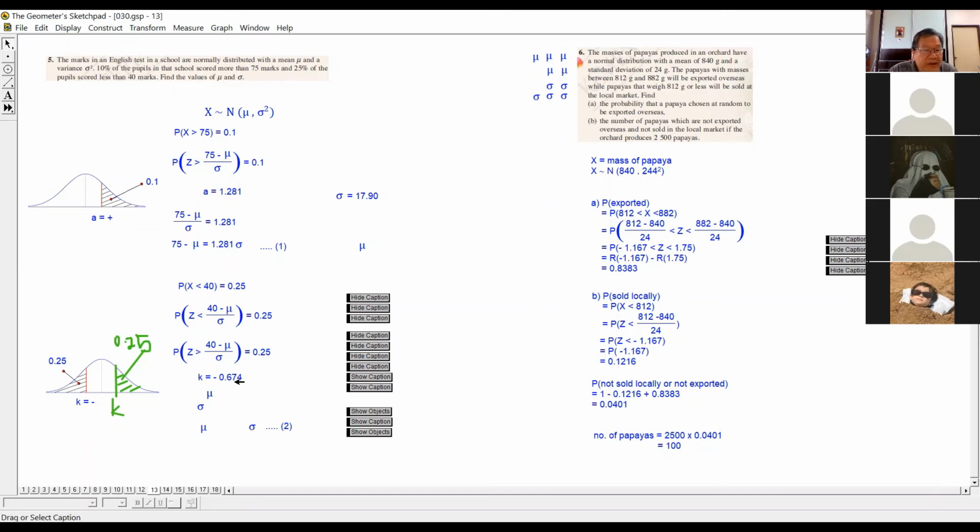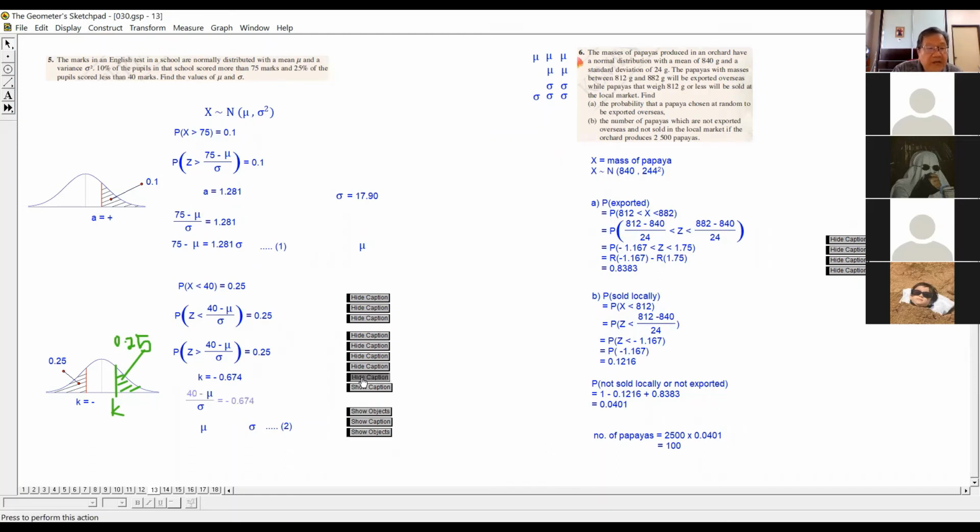Now 0.674 is the symmetry value, the positive k. The actual question is this one, so it's actually a negative k. So when I get the number from the table, I have to add the negative sign myself. I cannot leave it as a positive number.